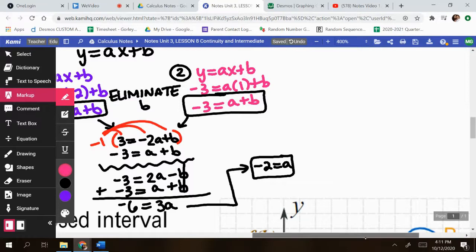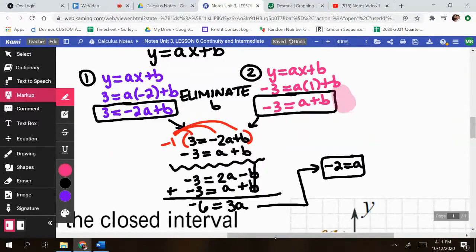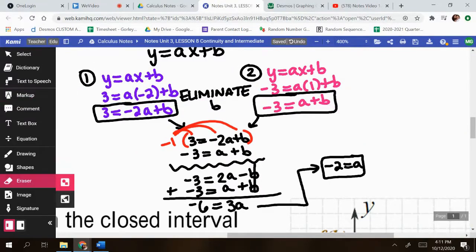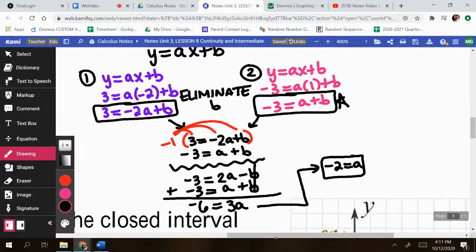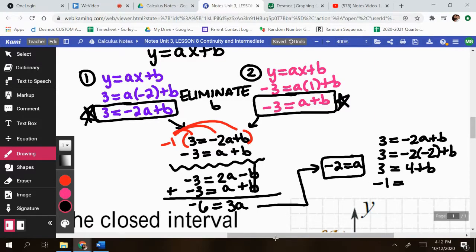So in order to do this, I'm going to plug into one of my original equations, either this one or this one, just to solve for the other variable. So let's go ahead and just do the purple. Let's do 3 = -2a + b. I'm going to plug in that a is negative 2. So we get 3 = 4 + b. And if I subtract 4 from both sides, we get that b is negative 1.